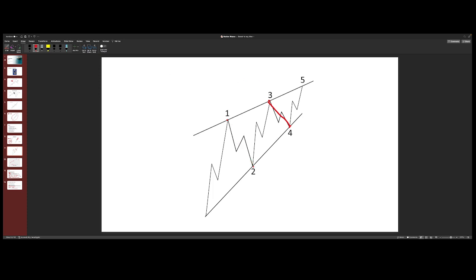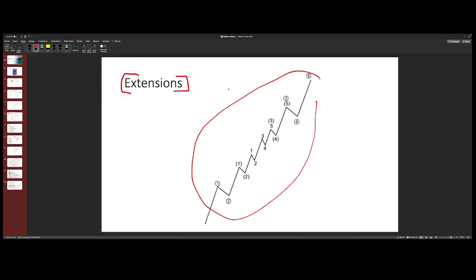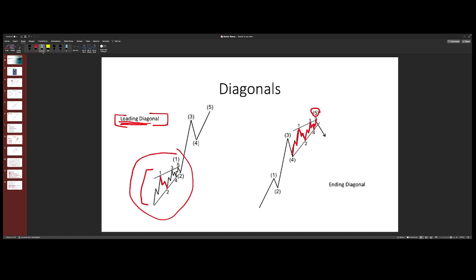Again, we went over 2 types of motive waves, and they have different variations. We went over the impulse wave and its rules. We went over the diagonal and its rules. In the impulse wave, we have the basic pattern, and we have the extension pattern, which is a variety of it. We went over the diagonals, of which there are 2 types.